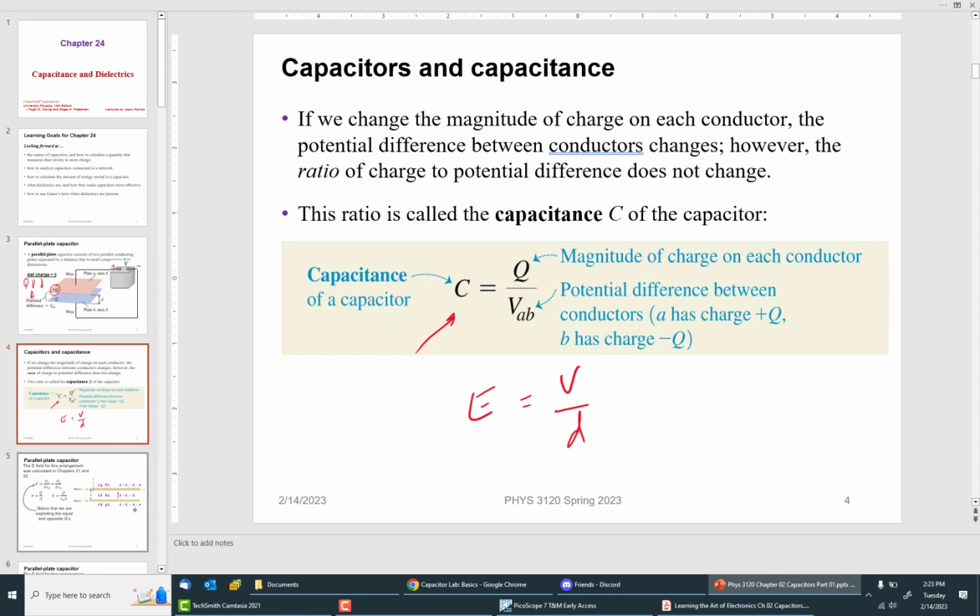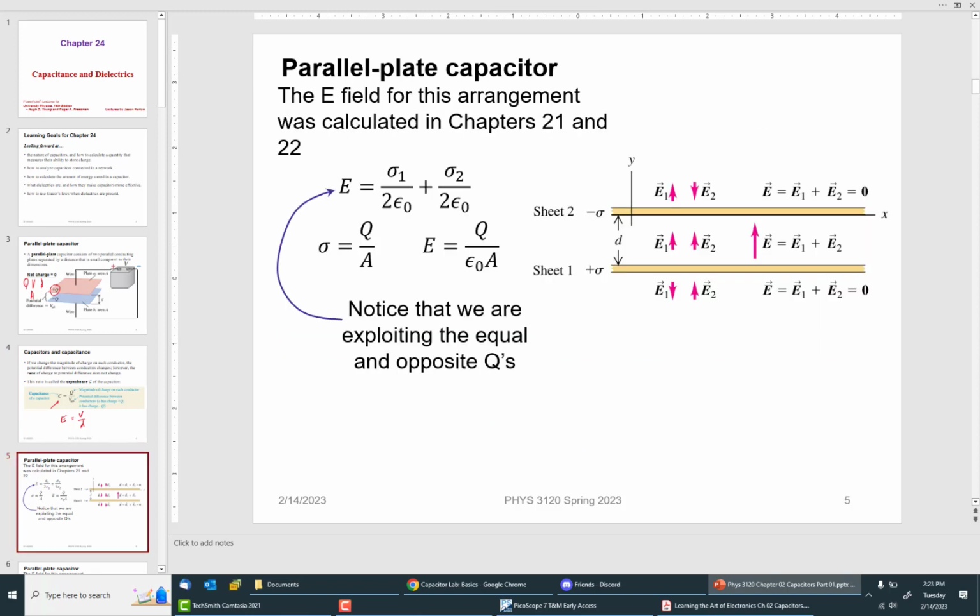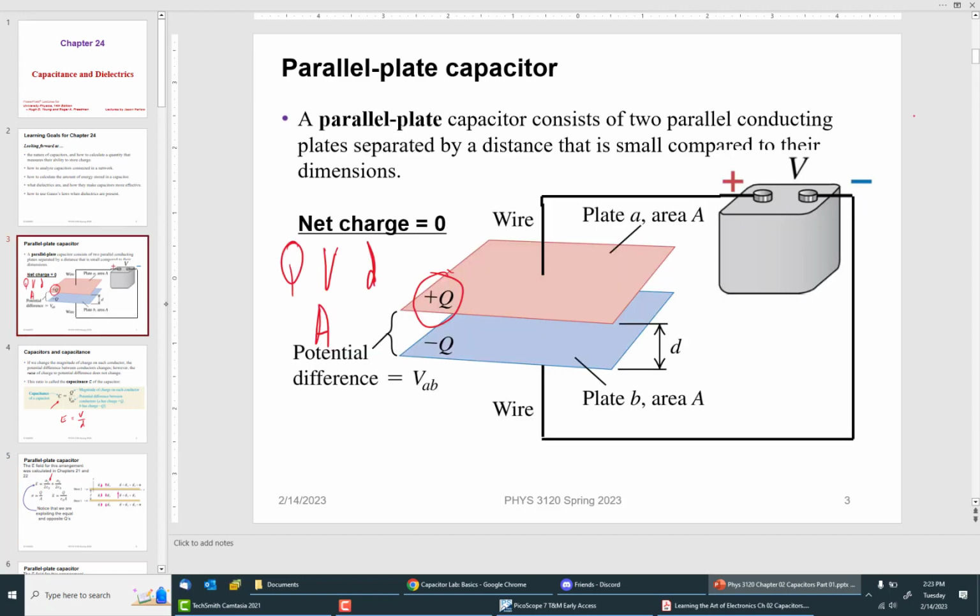I debated about keeping these slides. The electric field of an infinite plane: one of the assumptions is that if you have the sides A1, A2, then D is much less than A1 or A2.